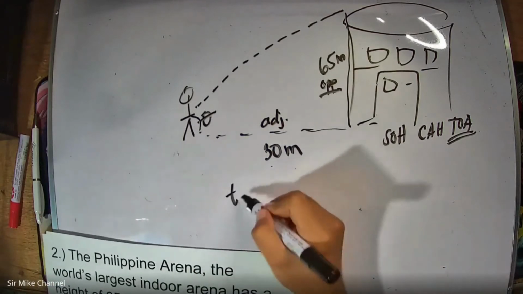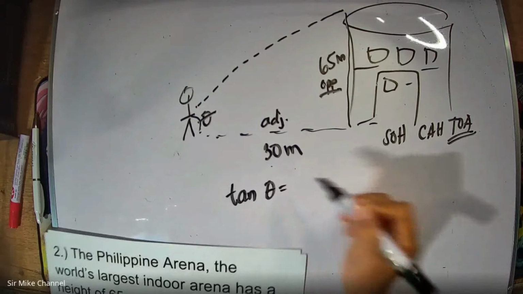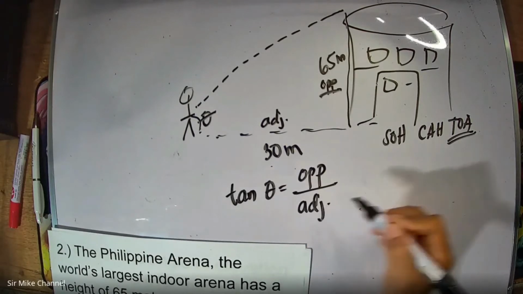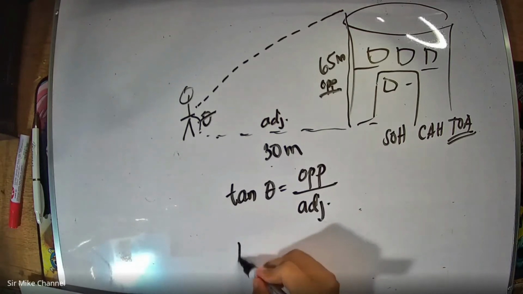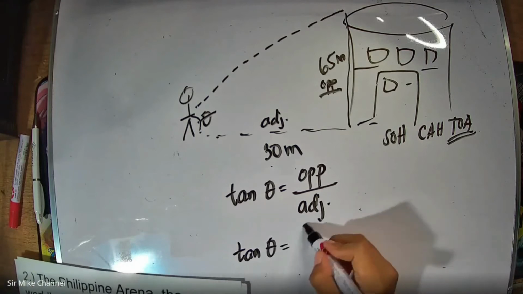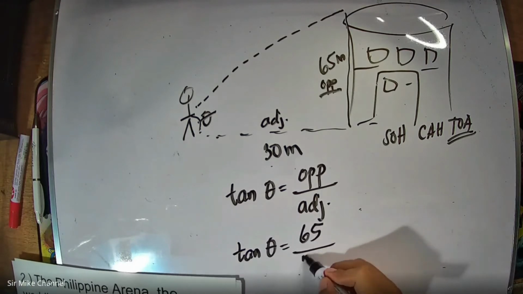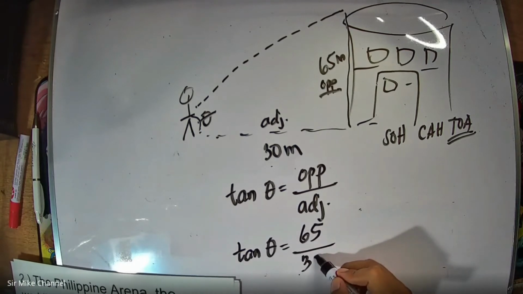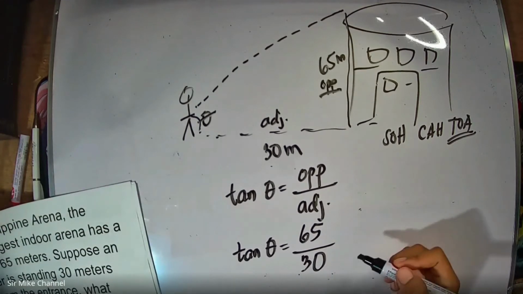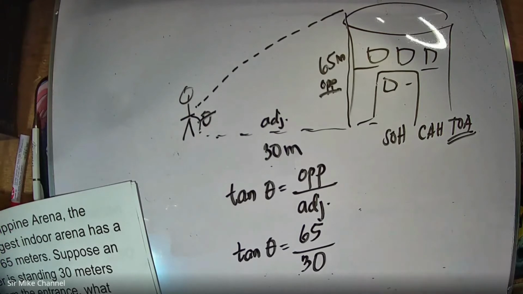Tangent theta is opposite over adjacent. Tangent theta, the opposite is 65 over the adjacent 30. So 65 over 30, we divide that.